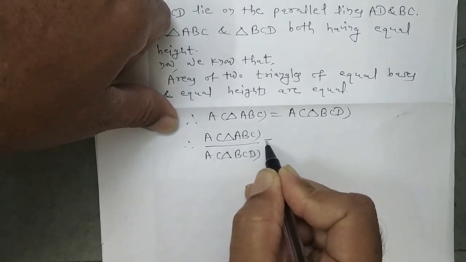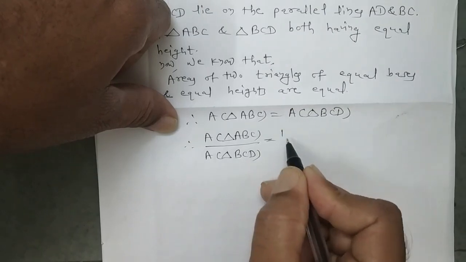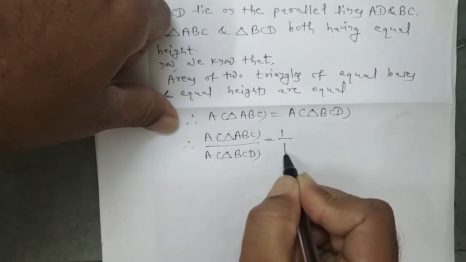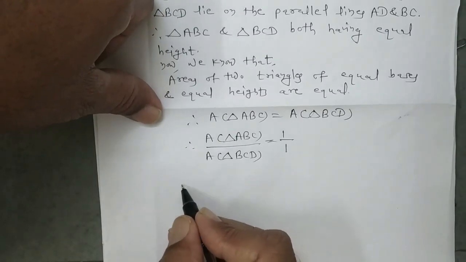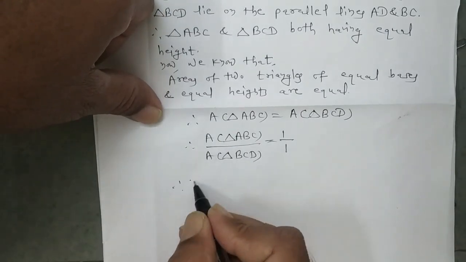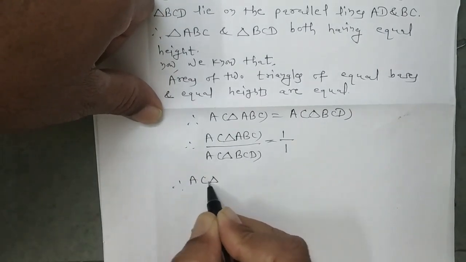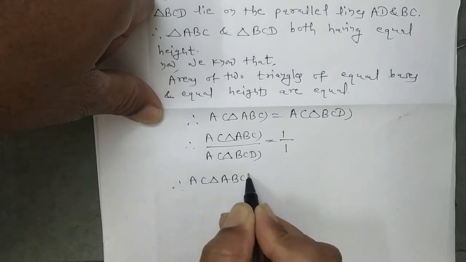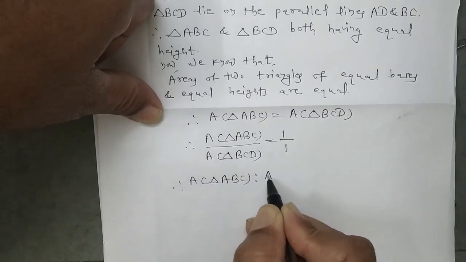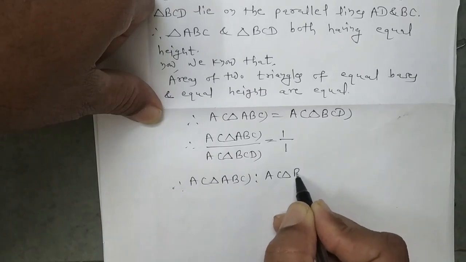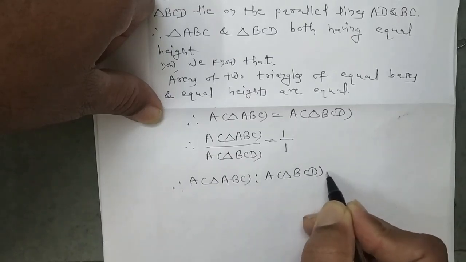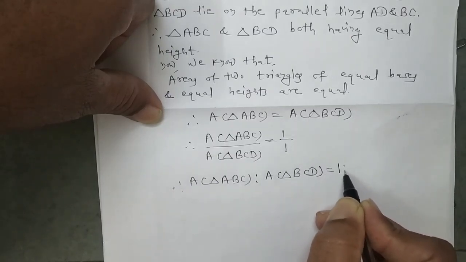Now right hand side is 1. We can write 1 as 1 upon 1. Therefore, area of triangle ABC is to area of triangle BCD is equal to 1:1. This is the answer.